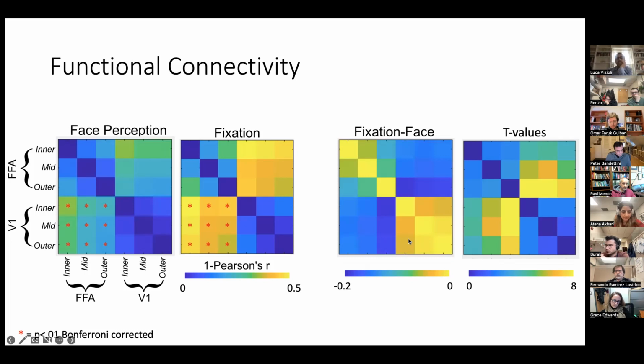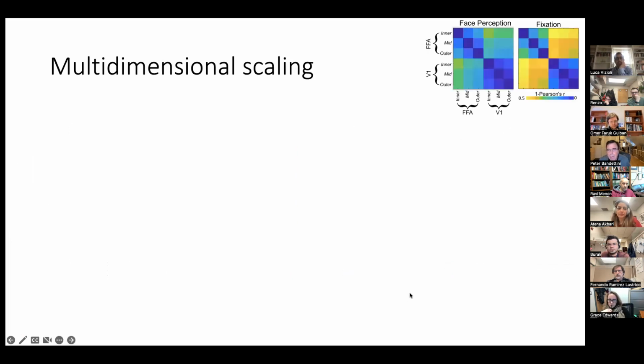What we observed is that the largest increase in connectivity at the descriptive level was in the inner layers of V1 and outer layers of FFA, and the t-values were even larger for the specific layer pairings. Maybe a simpler way, at least for me, to summarize the result is by computing multidimensional scaling, a dimensionality reduction technique which allows you to replot your connectivity data according to the first few eigenvectors, which explain X amount of your variance.